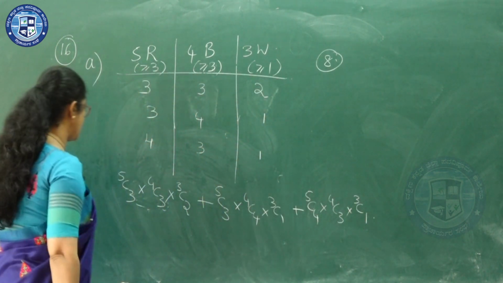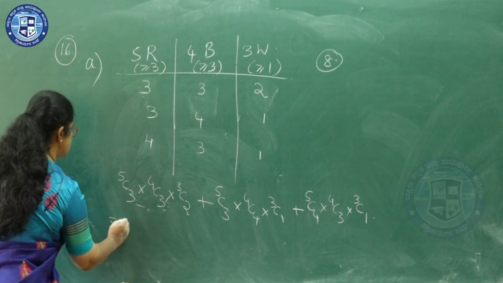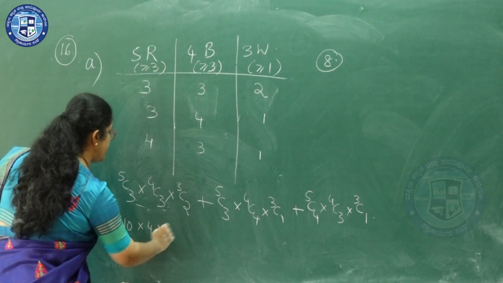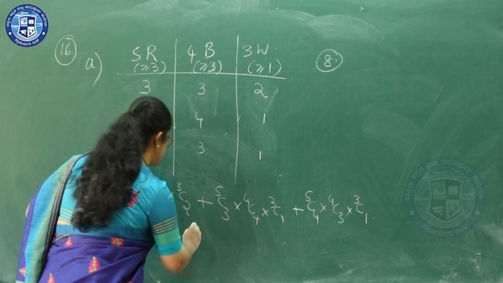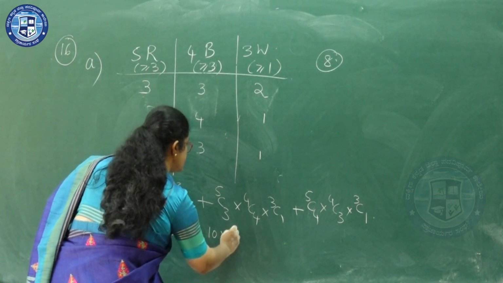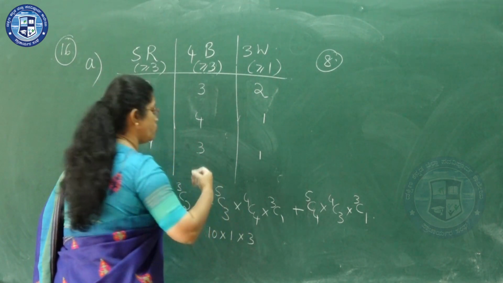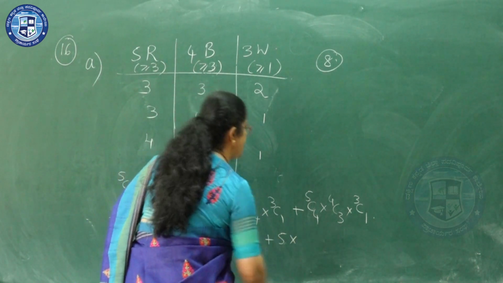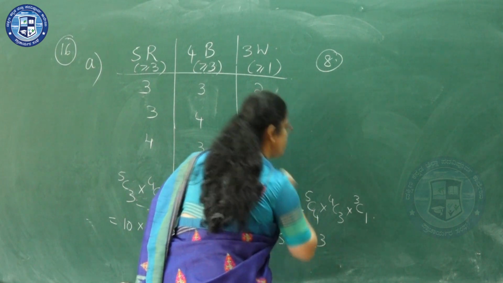Now we'll write these calculations. This is equal to 10 into 4 into 3, plus 5C3 is 10, this is 1 and 3C1 is 3, plus 5C4 is 5 into 4 into 3.